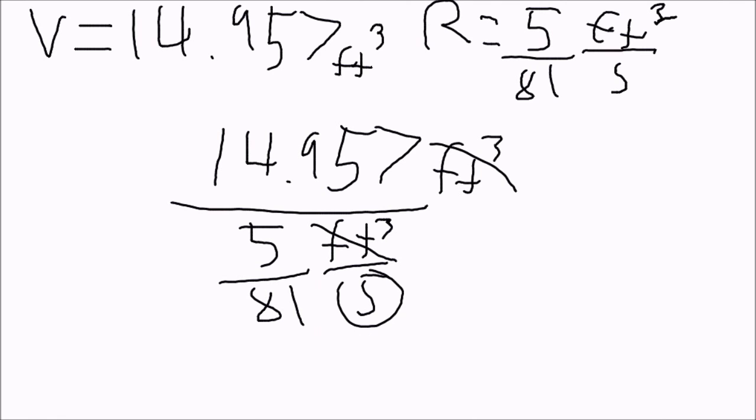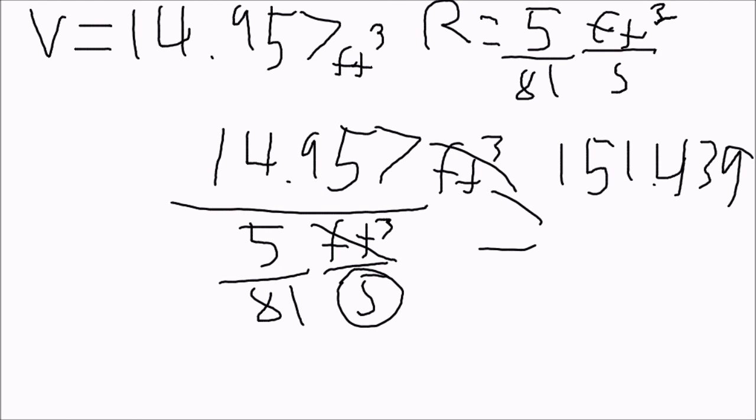You're left with seconds. Thus, you'll have 151.439 seconds. Then if you want to simplify this a little bit, all you can do is just divide this by 60, because there's 60 seconds in a minute, and you'll find that Robert has 2 minutes and 52 seconds.